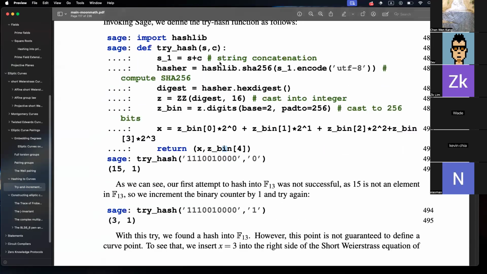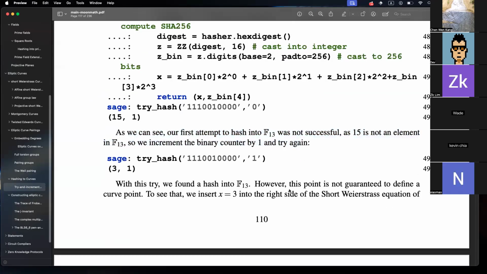This is try and increment because you try to hash it in, and if it doesn't work, you increment this specific bit and try again with that additional bit for the target, the string or plain text that you want to hash into the curve.